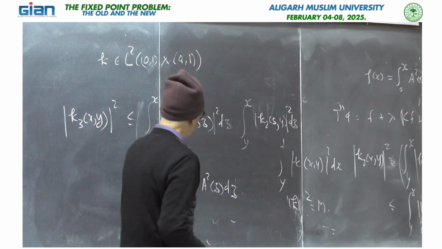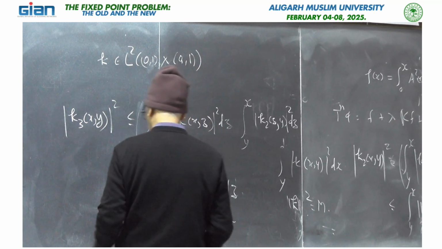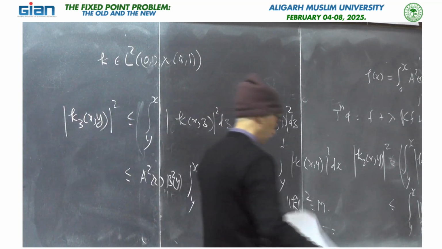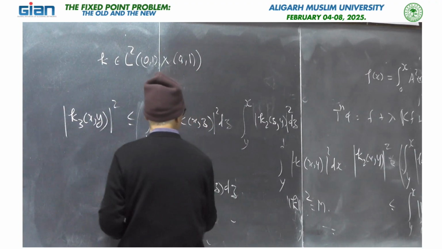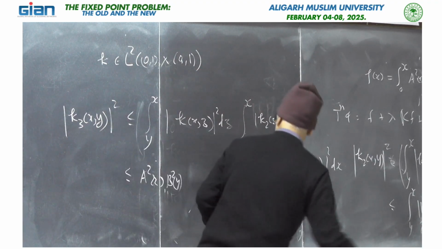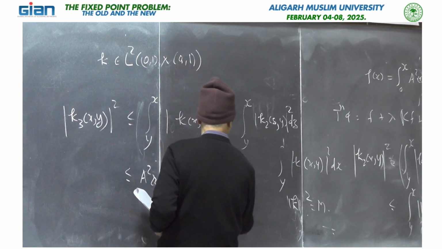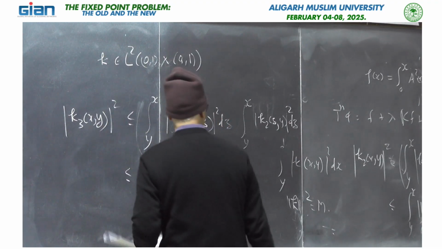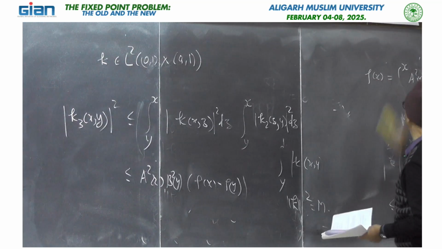This you write as the integral from 0 to x minus the integral from 0 to y, so you can write it as rho of x minus rho of y. So we get the pattern now, which we will show by induction.